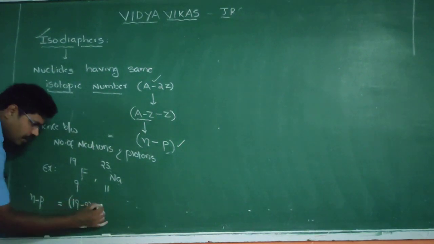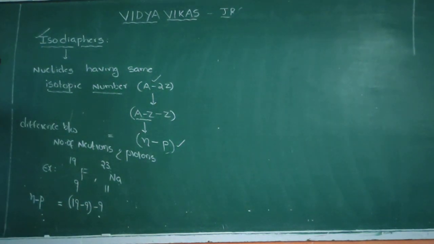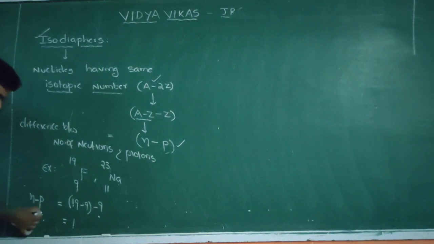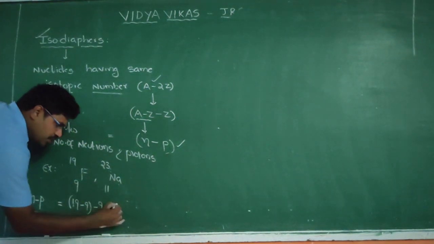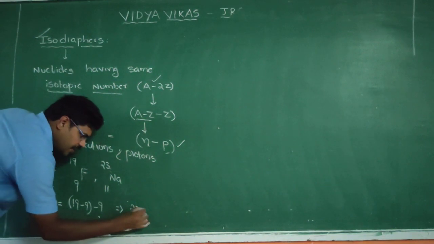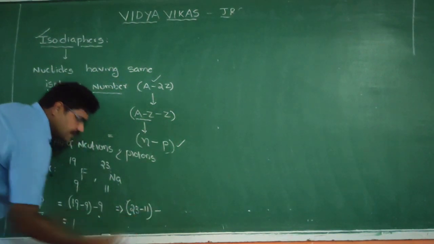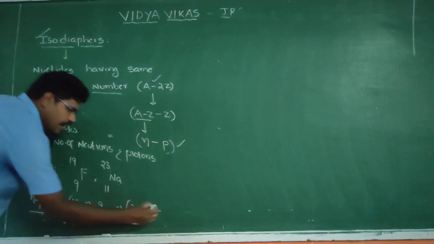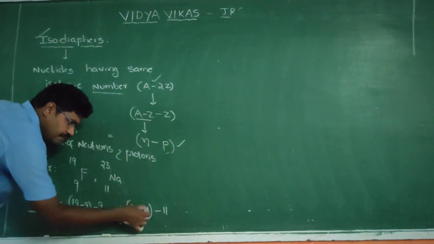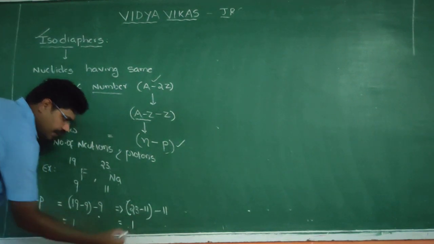Protons is nothing but atomic number. 10 minus 9, 1. So, the difference in number of neutrons and protons is absolutely 1. What about sodium? Number of neutrons, students, 23 minus 11, 12, and protons are 11. So 12 minus 11, 1.